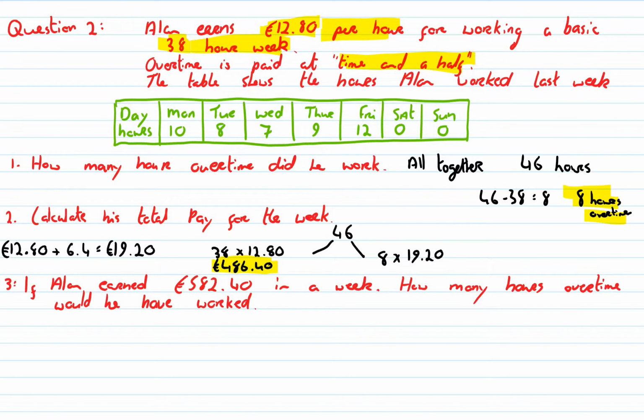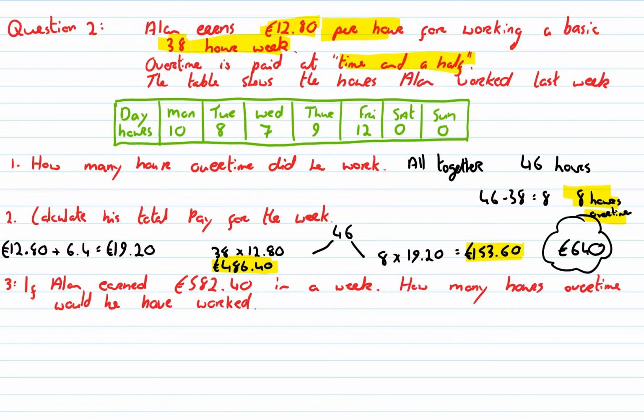And he gets €153.60 for that. So we've calculated his basic wage and his overtime, and his total pay for the week will be both added together, which is 486.40 plus 153.60, and that gives us €640 total. So what he made that week is €640.